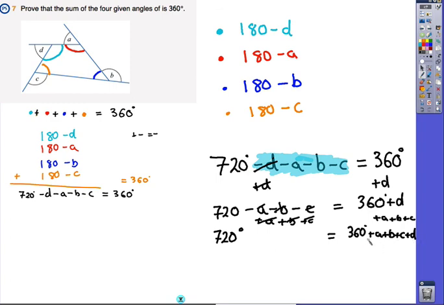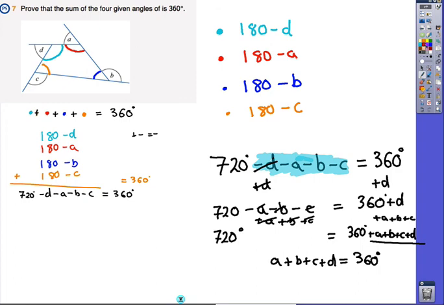Now, what should A plus B plus C plus D be? Because we've got 360 plus these numbers to give us 720. So A plus B plus C plus D must be 360 degrees, because 360 degrees plus 360 degrees is 720 degrees.